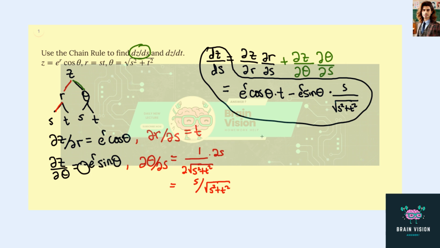Similarly, we'll have dz over dt. This time we'll go along these paths here. So dz dr, then dr dt.